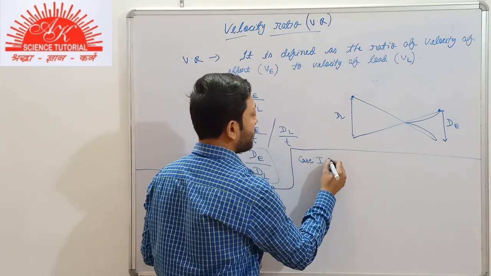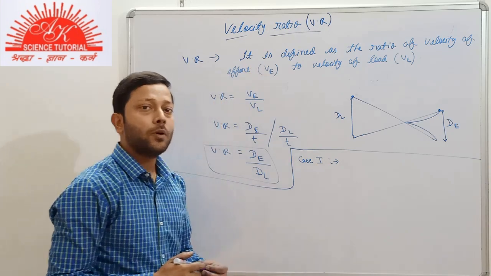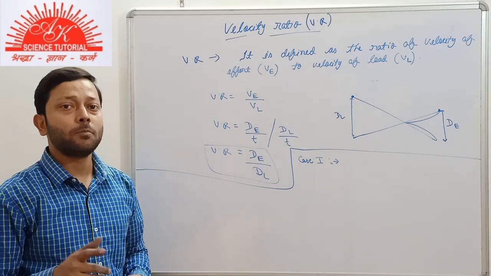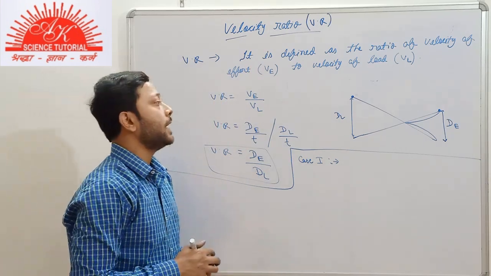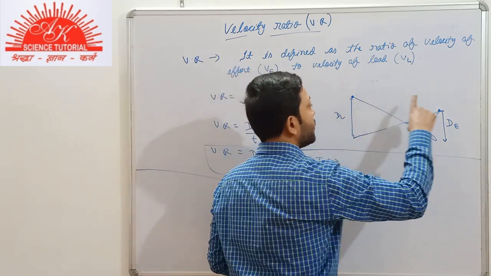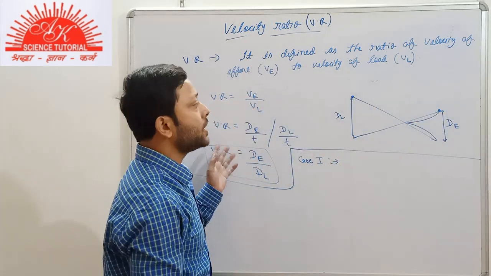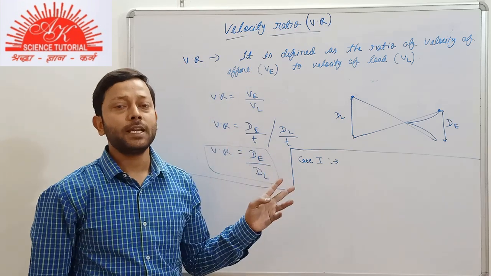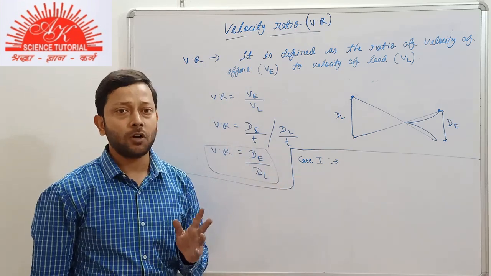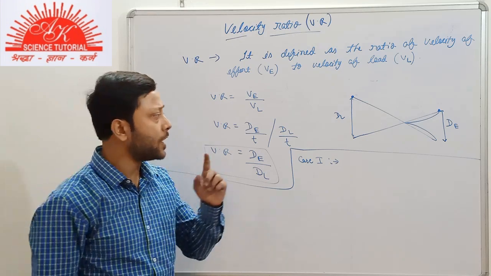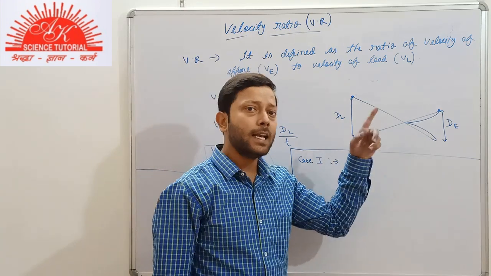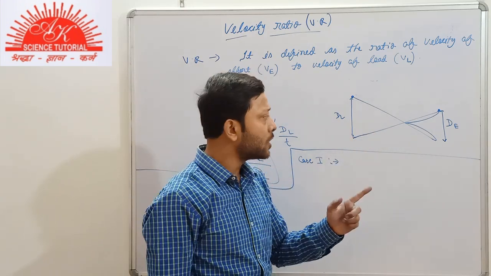Case 1. As I told you in the last topic about mechanical advantage, when we were discussing the 4 ways in which a machine can make our work simpler, I gave you the example of a scissor, and in that, what did we conclude?